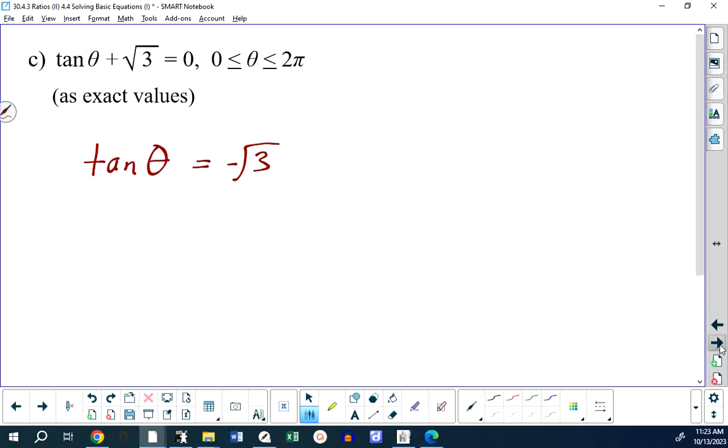But here's a tip. See this? Radians, right? Let's find a reference angle. Tan of theta reference equals the inverse tan of root 3, correct?